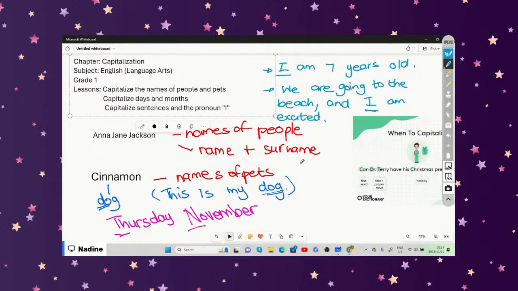If you write I, we don't write it like this unless it is in words like is or this, then you write the i like that. But if it's a pronoun I standing on its own, then it needs to be capitalized.